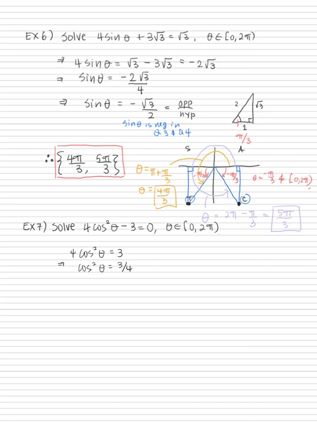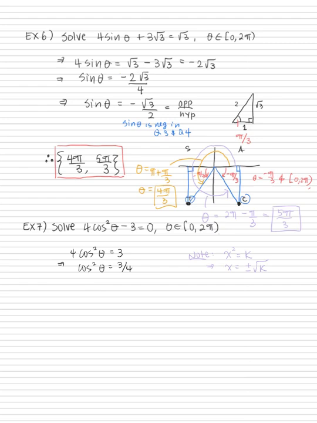Okay, next step, be careful because remember this property. If you have something like x squared or x to the 4th or x to the 6th, an even power, equaling some number k, then when you take the square root of it, you're going to get plus or minus the square root of k. Not just the square root of k, you're going to have the minus side as well.